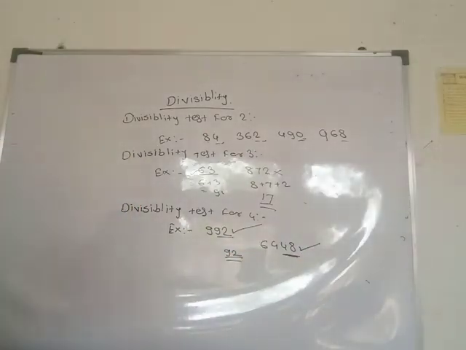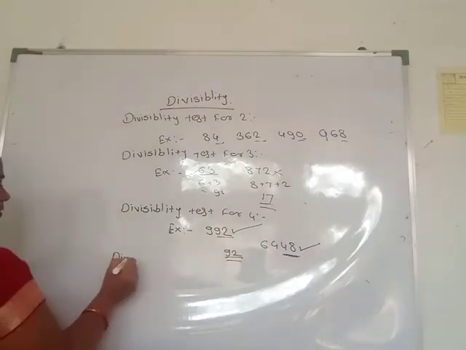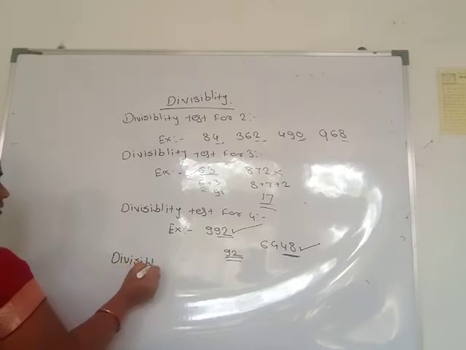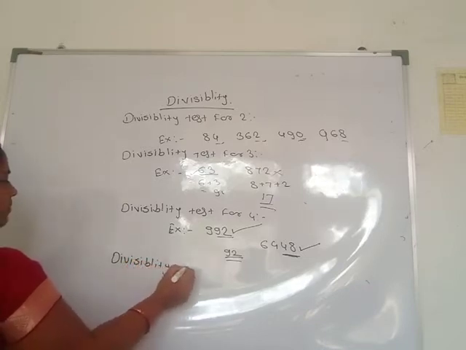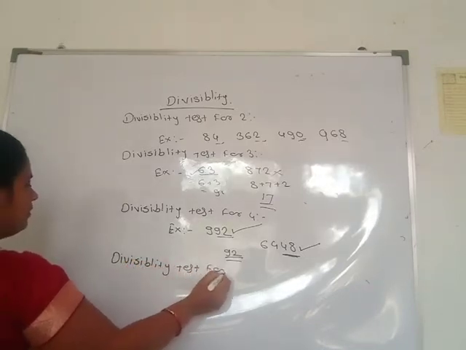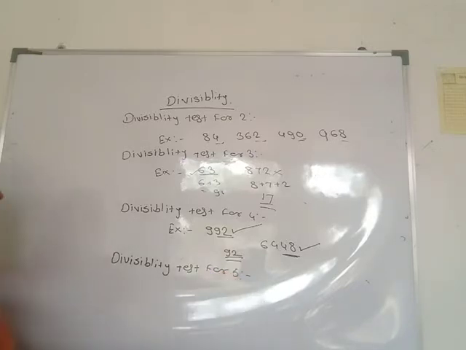The next one, divisibility test for 5. If the unit place has 0 or 5, then that number is divisible by 5.